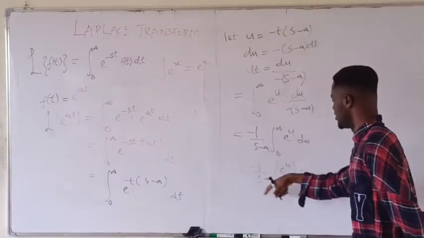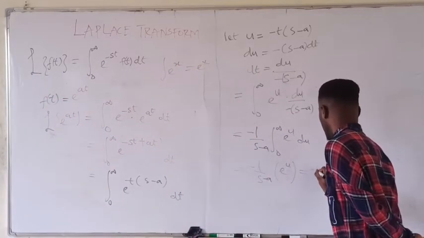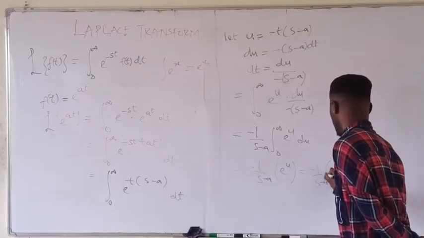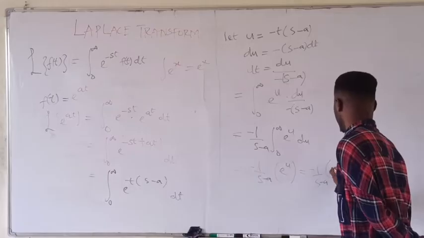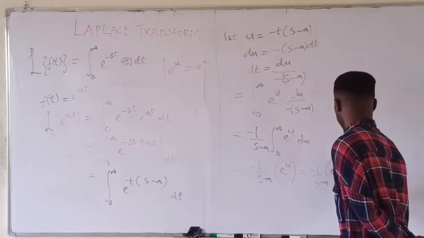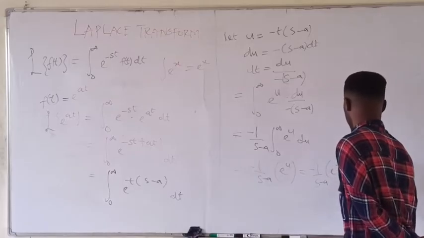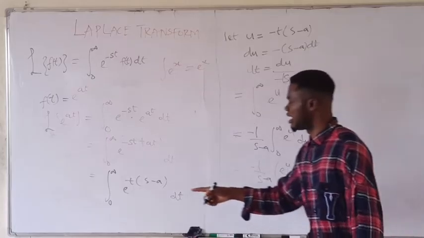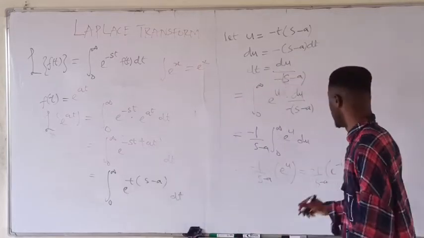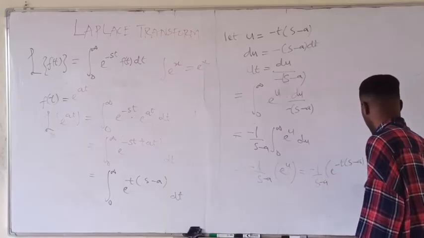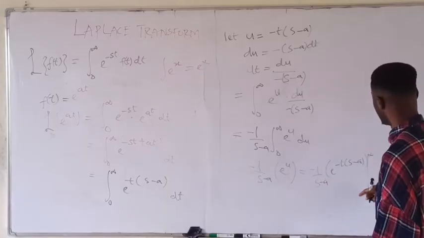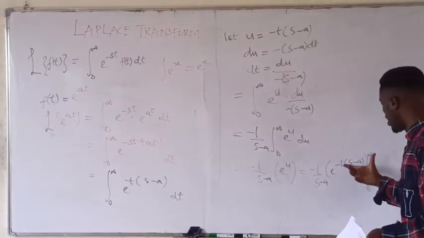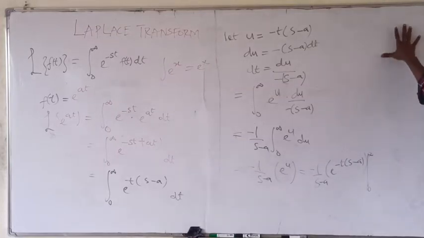So this is equal to minus 1 over (s minus a) times the exponential of minus t(s minus a). So this is what we have as the answer. But recall that the limit is from 0 to infinity, so we are going to impute it into this function. Let's just finish it up here.